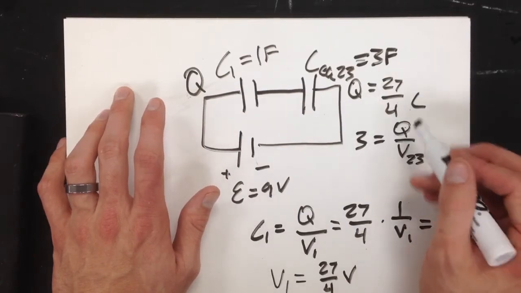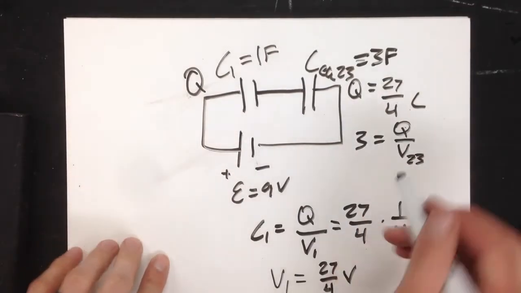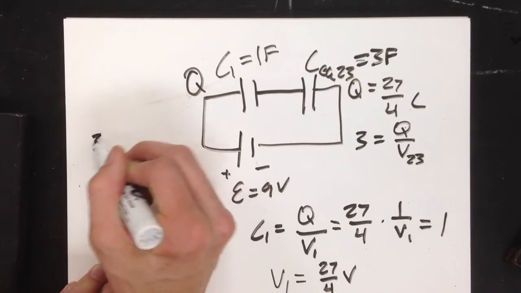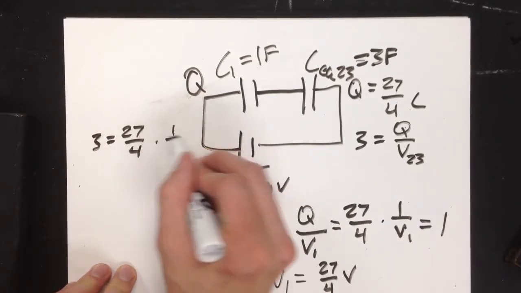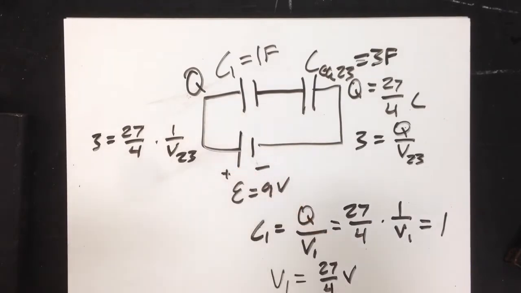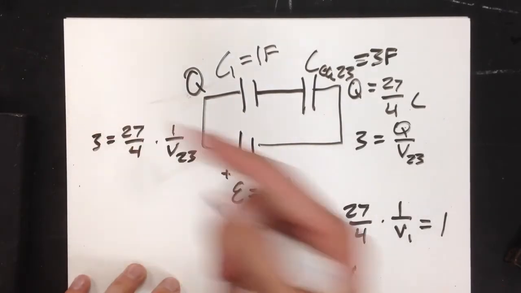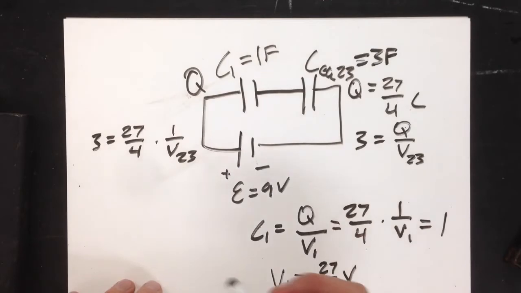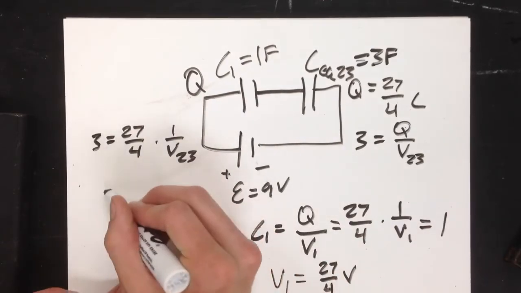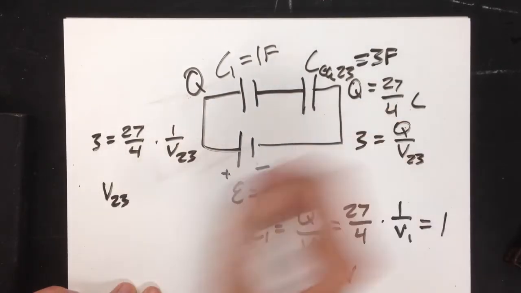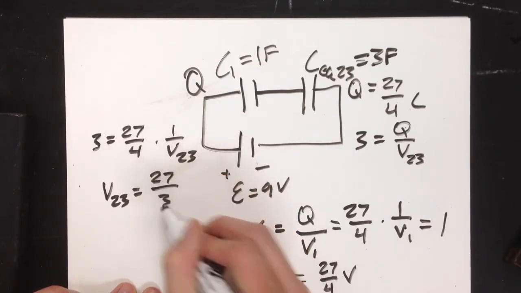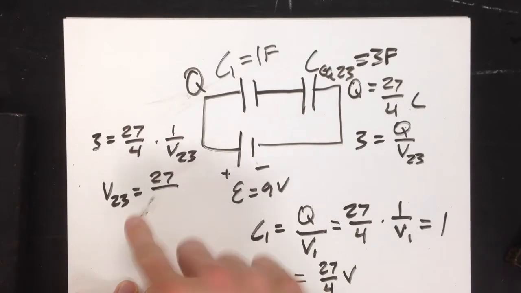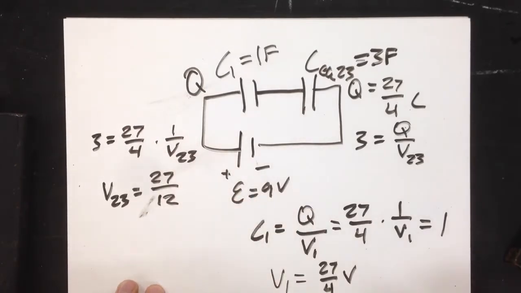I know Q, it's 27 over 4. So 3 equals 27 over 4 times 1 over V23. Now I can multiply both sides by V23, divide both sides by 3, to give me the voltage across that capacitor being equal to 27 over 3 times 4, which is 12 volts.